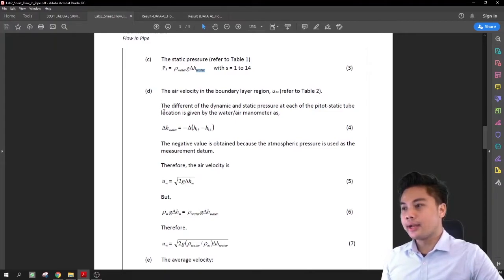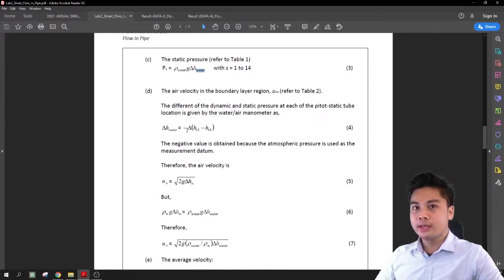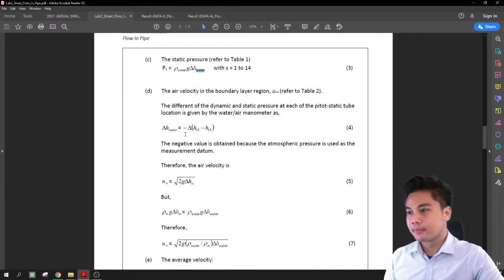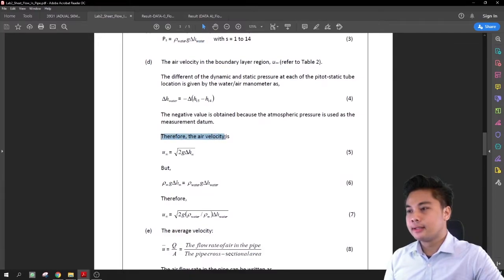In this part, the difference in the dynamic and static pressure at each pitot static tube location is given by the water air manometer as follows. Here, delta H of water equals negative delta H, H15 minus H14. Negative means we need to counter it because this value is going to be negative. Multiplying with negative gives positive, because we consider only the magnitude. Here, in order to calculate the air velocity, we use this formula.